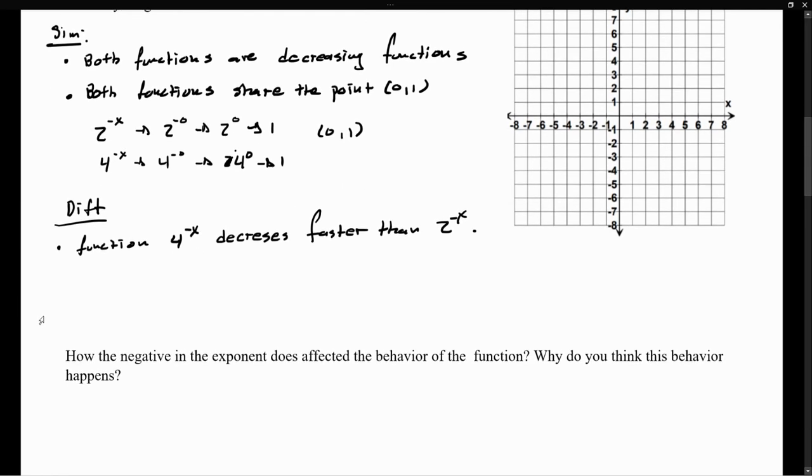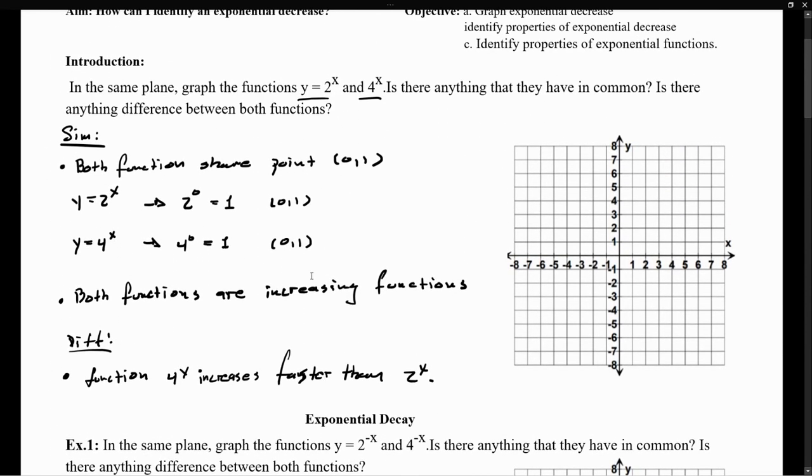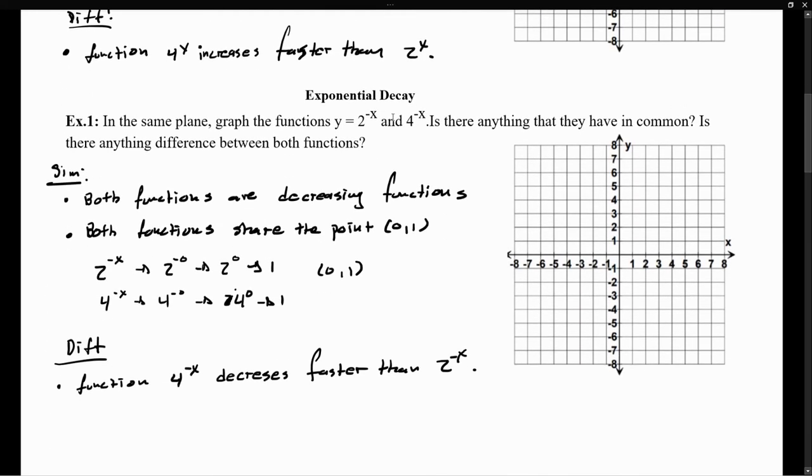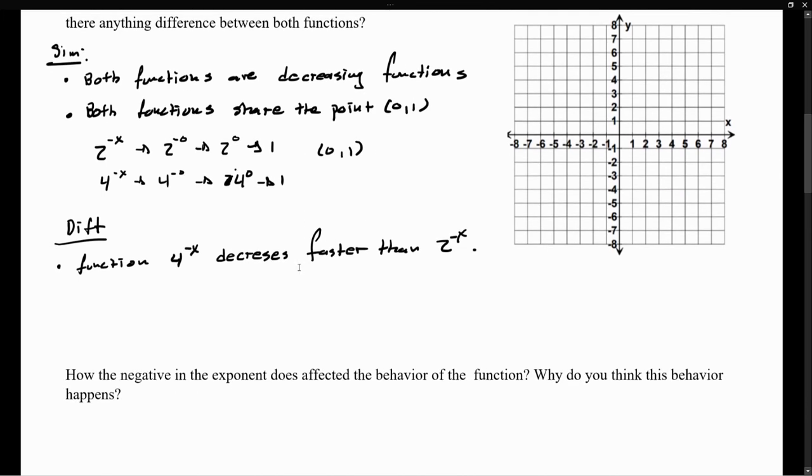So, how does the negative in the exponent affect the behavior of the function? Because notice that we were talking essentially about the same graph or the same function, 2 to the x and 4 to the x. So when we have a positive exponent, it seems that both of our functions were increasing. And notice that by changing the exponent to a negative, we made it into a decreasing function.